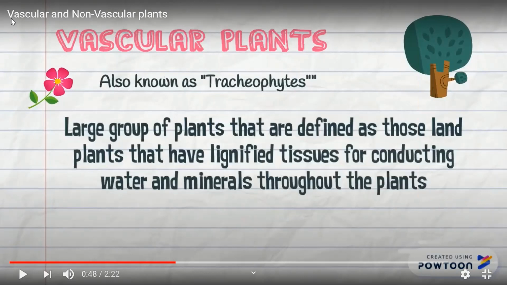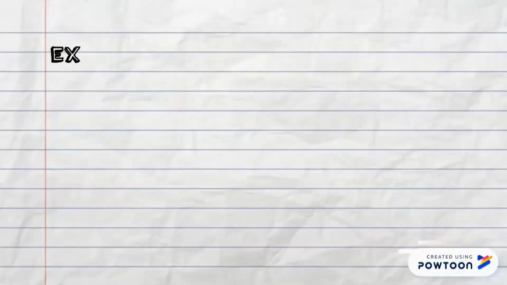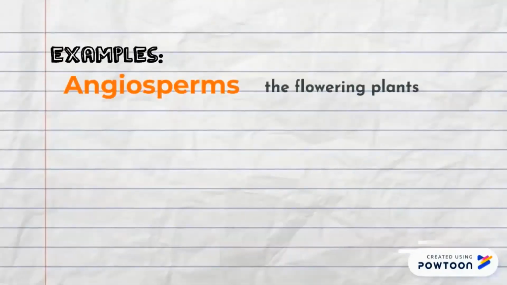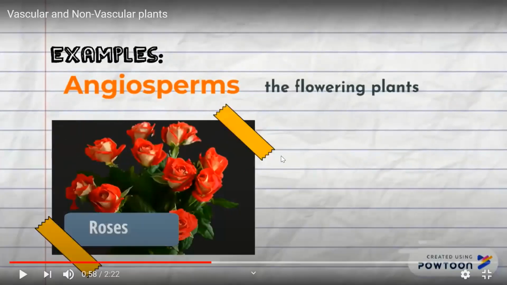Let's see what else we have. For example, the vascular plants have tubes to absorb water and deliver it to all parts of the plant, flowering plants need water and they need tubes.